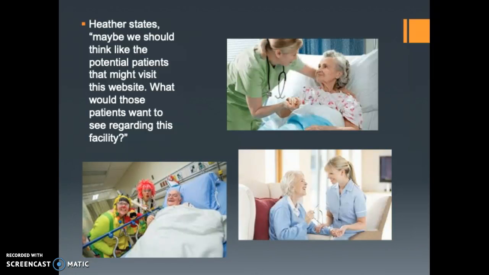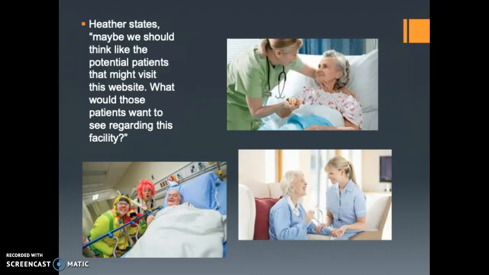But with this, patients want to see what the hospital really has to offer. These images here show patients in their treatment while at the facility, and it gives the viewer an idea of what they can expect with the treatment in the facility.